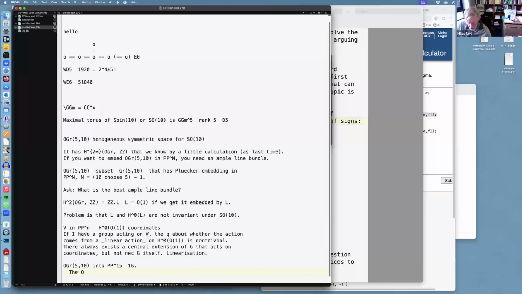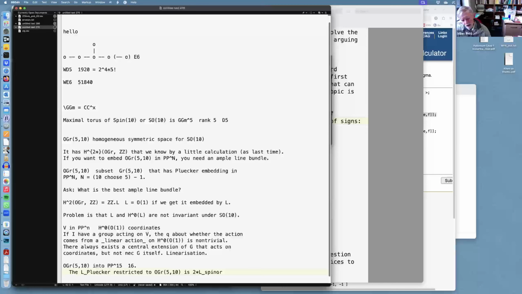Let me write L Plücker restricted to OG 5,10 is twice L spinor. Yes.